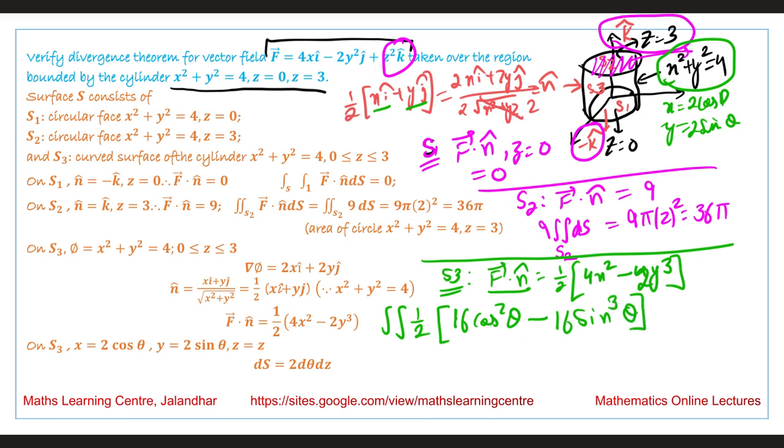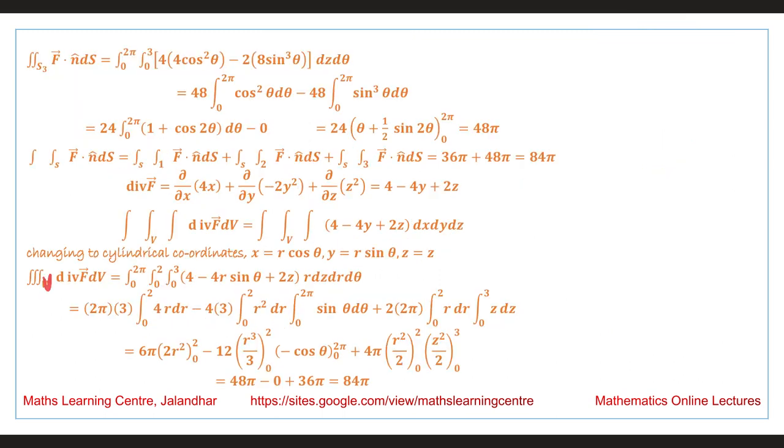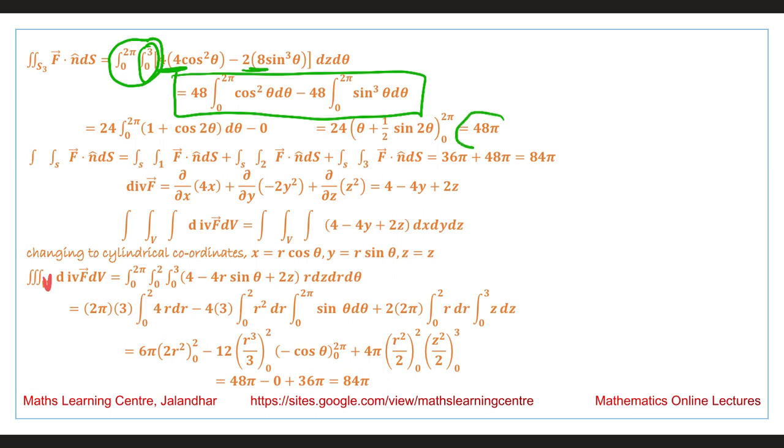Then we will have 2 d theta dz. Now this 2 and 1 by 2 get cancelled. So the integral we are left with is 16 cos cube theta minus 16 sin cube theta, and the limits for z vary from 0 to 3, and the limits for theta vary from 0 to 2 pi. On solving this integral, the value we obtain is 48 times pi.